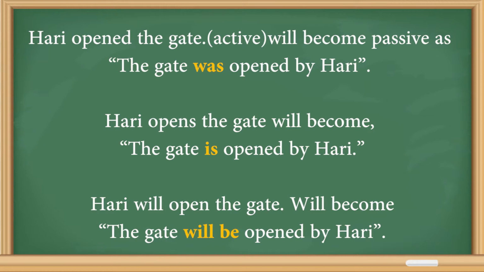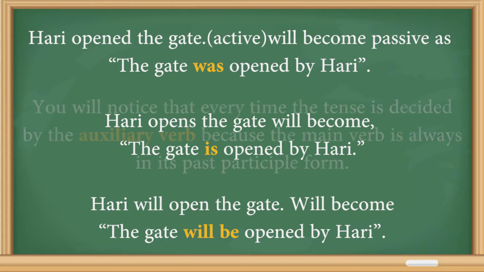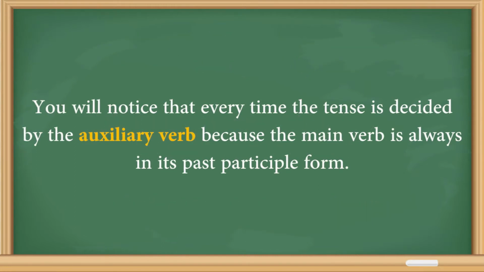Why? Because the original sentence was in past tense. Second, Hari opens the gate will become the gate is opened by Hari. Hari will open the gate will become the gate will be opened by Hari. You will notice that every time the tense is decided by the auxiliary verb because the main verb is always in its past participle form.